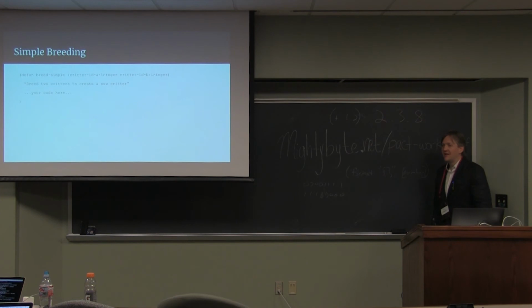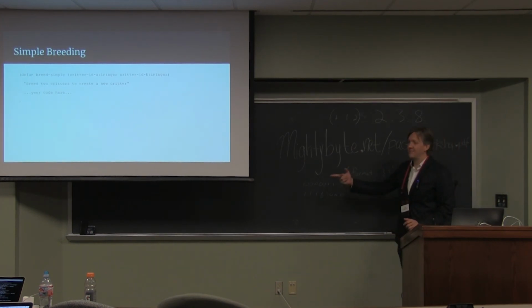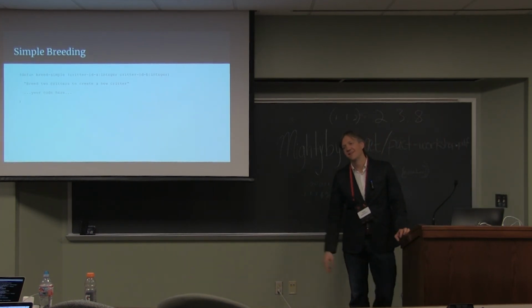If we were really going for a realistic genetic algorithm in breeding, we would also want to do a mutation. And we would want to mutate a small percentage of the time. And we would want to mutate a random bit in the bit string.